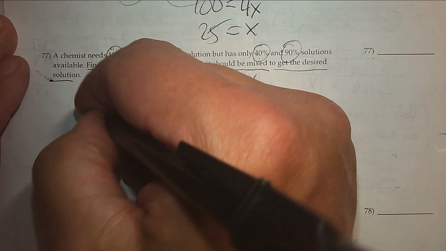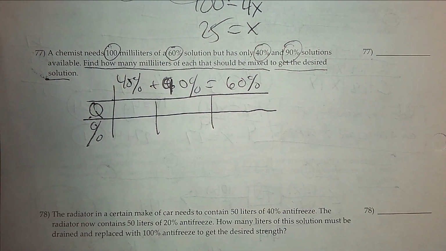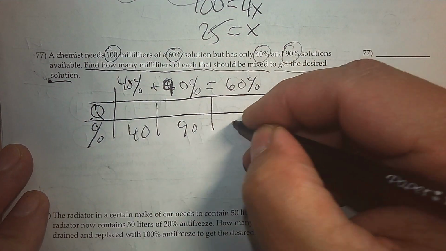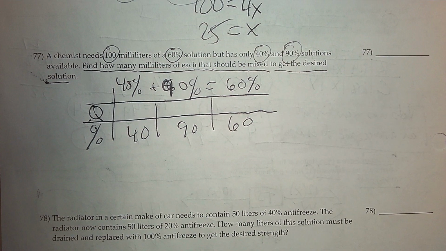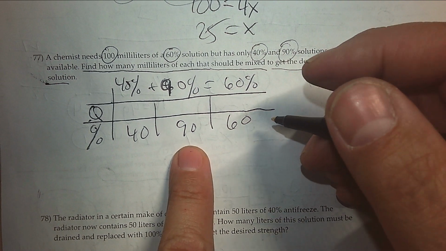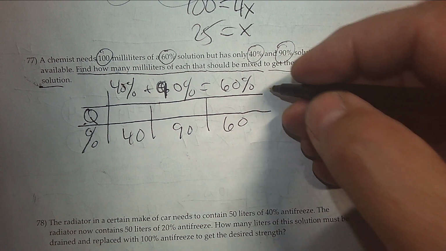In this question again, I care about quantity, but this time it's not money, it's percent. So why not fill in the easy part? 40, 90, and 60, because we're going to have to think about the other part. Where does the 100 go? 100 milliliters. That's the end amount, right?